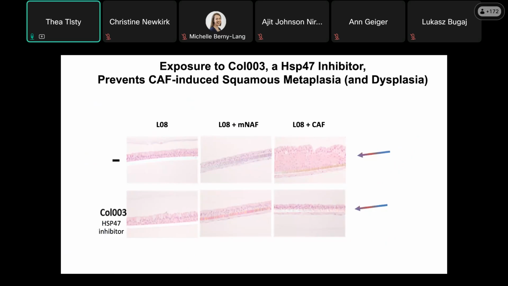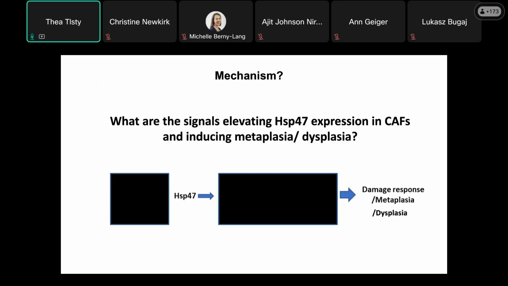And even more interesting, if we take this structure, which takes about 2.5 to 3 weeks to form, and once it's fully formed, we put on the COL-003, the inhibitor, it now reverts to the ciliated secretory bronchial airway that was originally seen. So that means that HSP47 inhibitors can not only prevent the induction of metaplasia, they can also revert it back to its normal state.